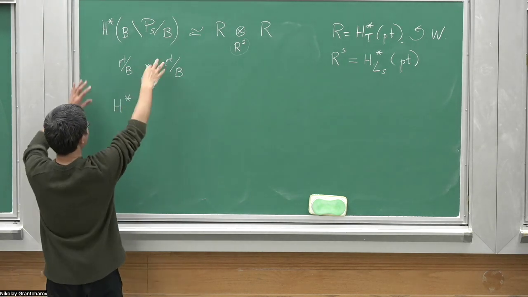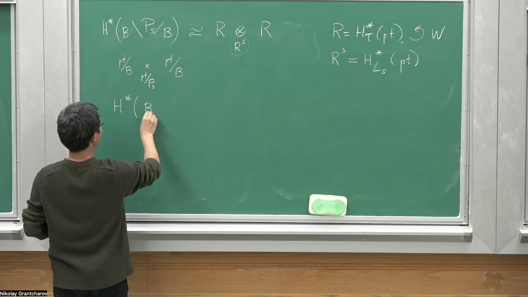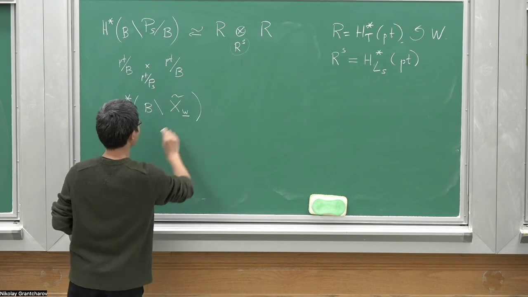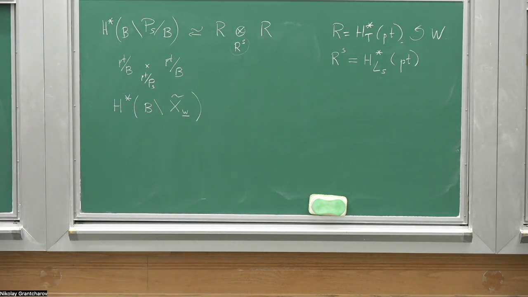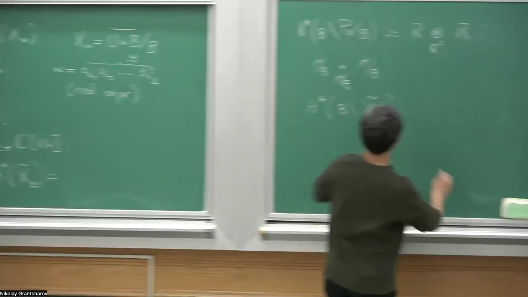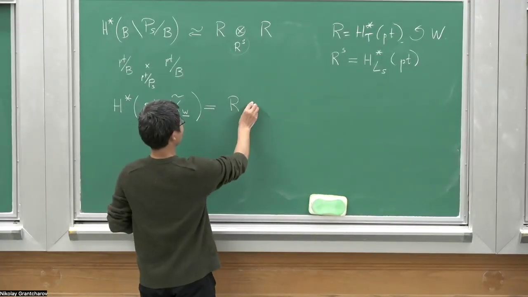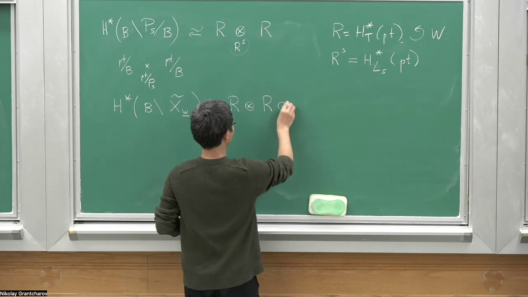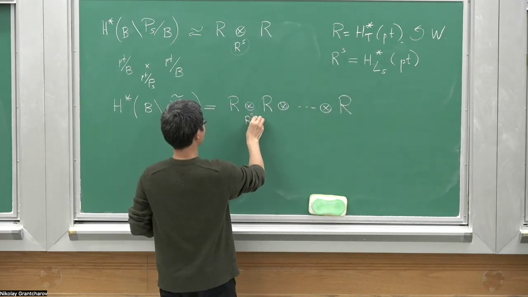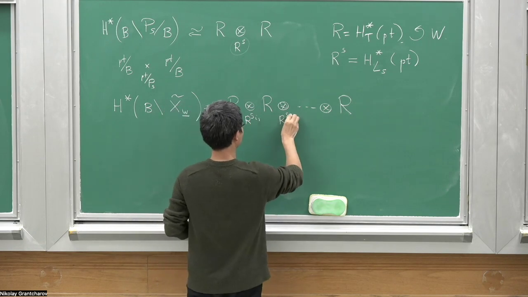So you iterate this calculation to get equivariant cohomology of the Bott-Samelson variety. If I divide by B, also on the left, the formula will look like an iteration of this. So R, 1, 2.